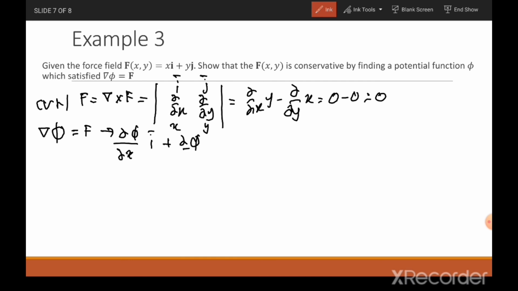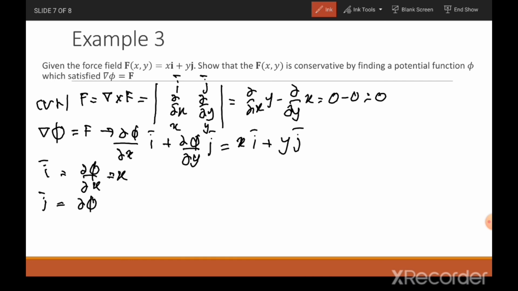Okay, I just write here first. Okay, this one is equal to xi plus yj, okay. So for vector i, d phi over dx equal to x. For vector j, d phi over dy equal to y.